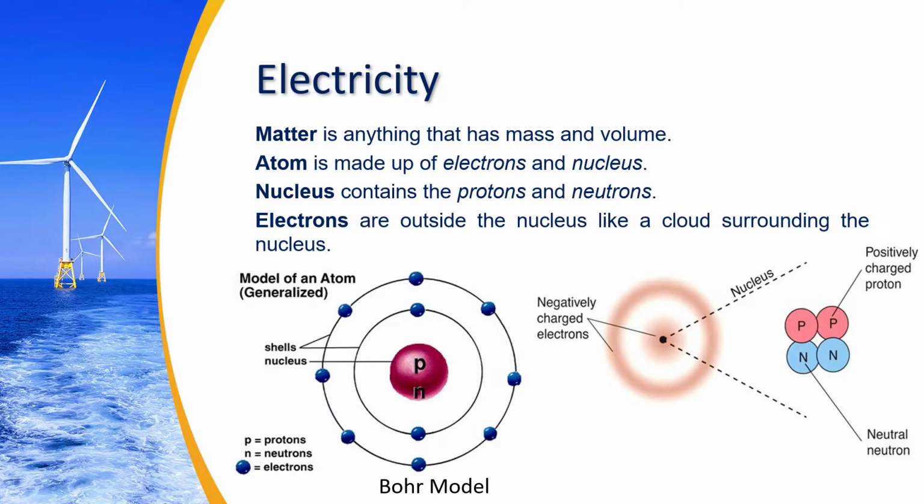Ngayon, paano natin nasabi na sa inner shell o sa first shell, merong 2 electrons, sa second shell, merong 8 electrons, sa third shell, merong 18 electrons? Dahil yon sa formulang ito, na electrons in a shell is equal to 2n squared.